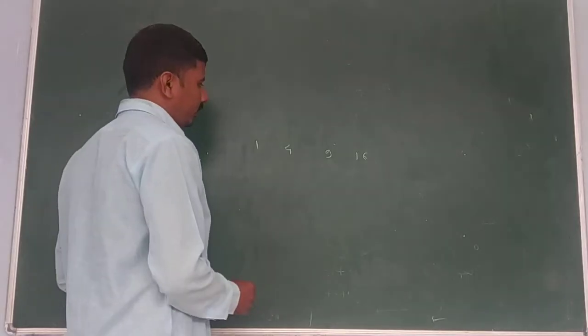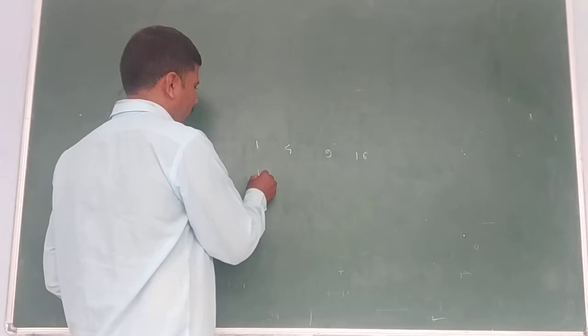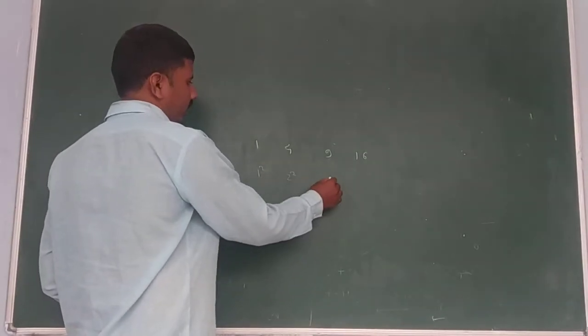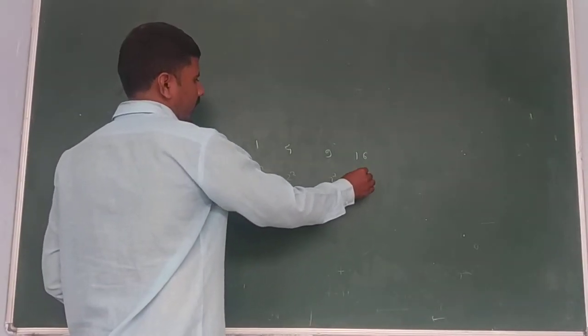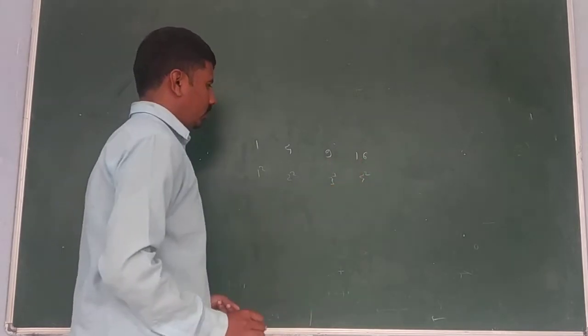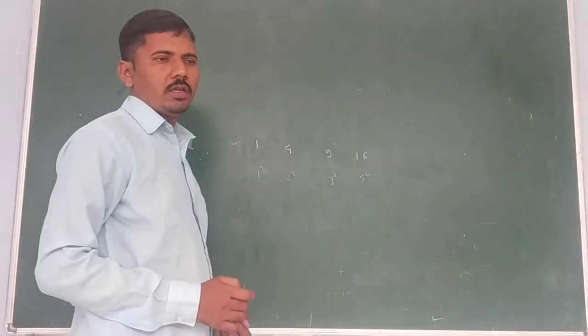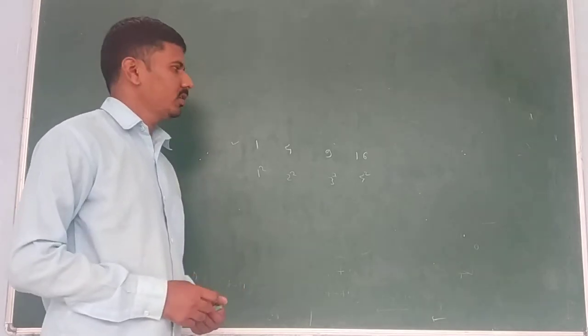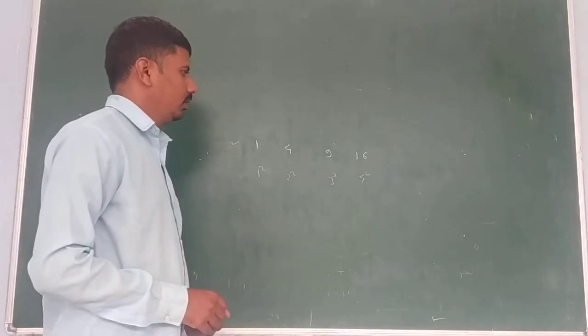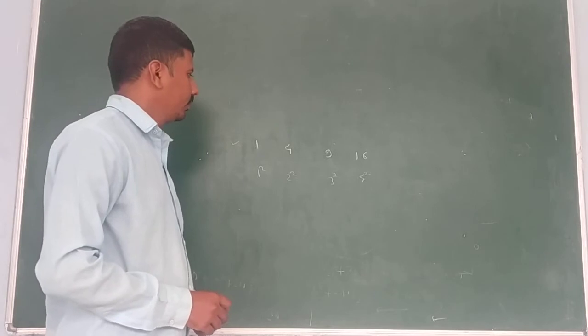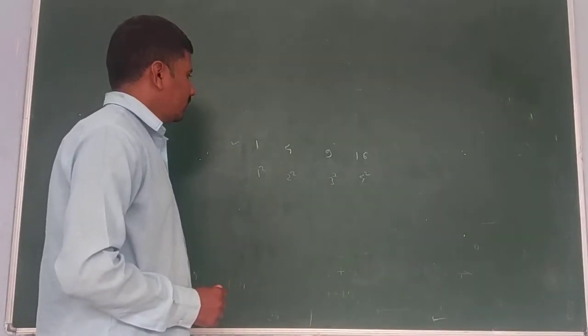Which pattern is followed here? 1 square, 2 square, 3 square, 4 square and so on. So this is one kind of series. Questions based on series are also asked in competitive exams.